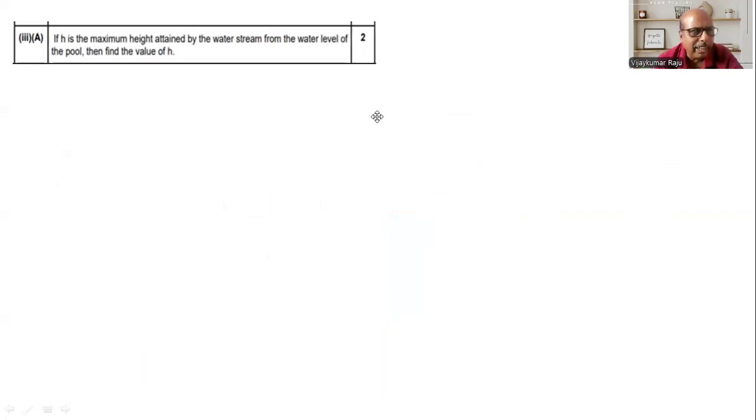If h is the maximum height attained by the water stream from the water level of the pool, then find h. H is the maximum height from the water level.